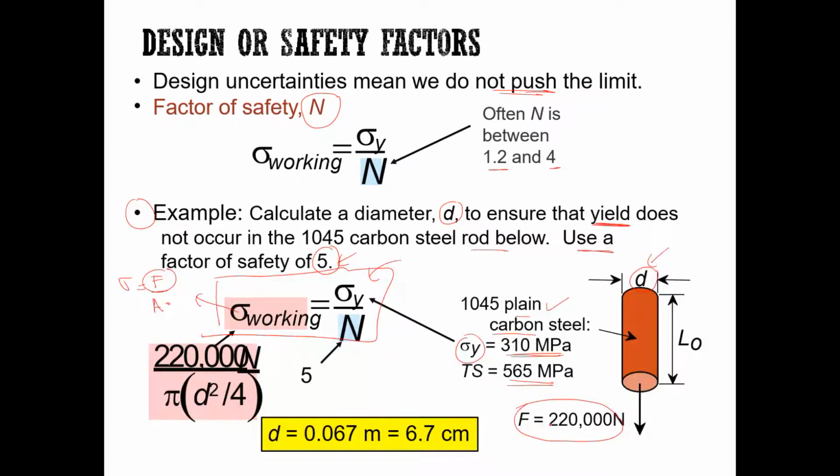Because we already know the load applied to this particular cable is around 220,000 Newton, we have this F value, and this A value represents our D, the diameter of our cable. When we solve this equation, we get D equal to 0.067 meter.